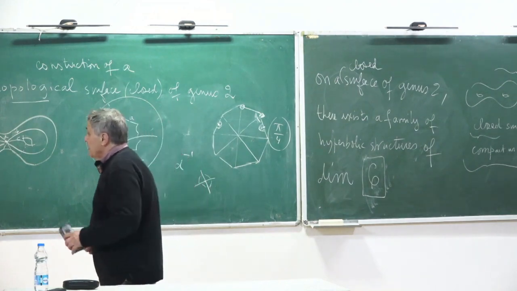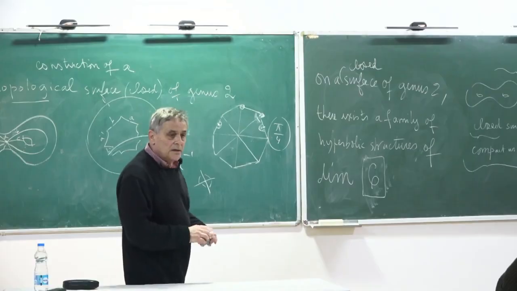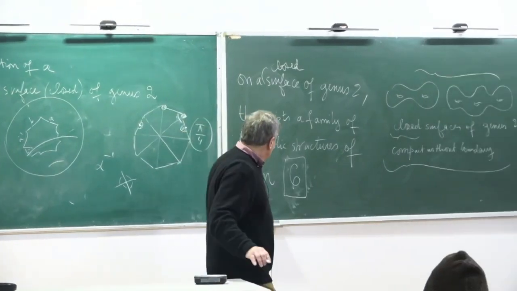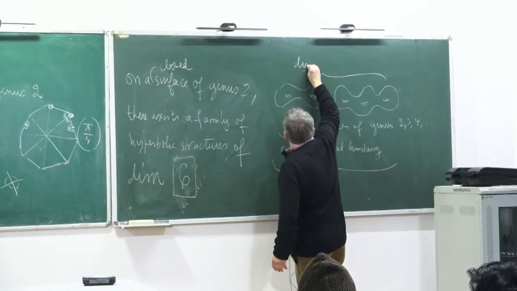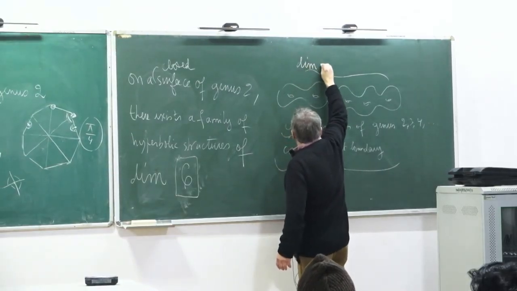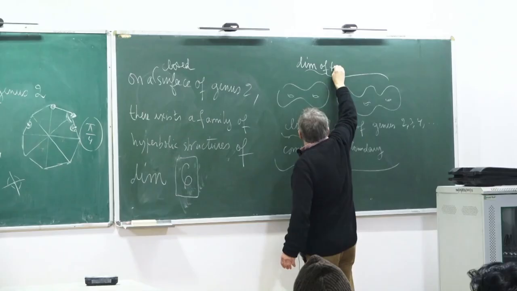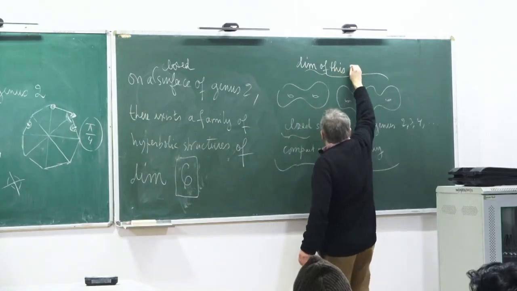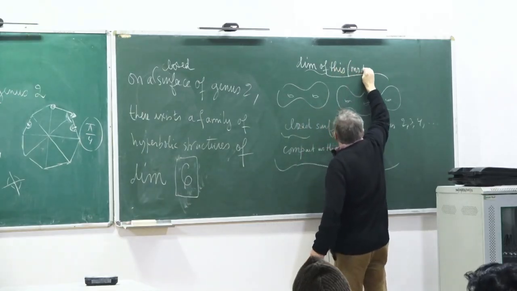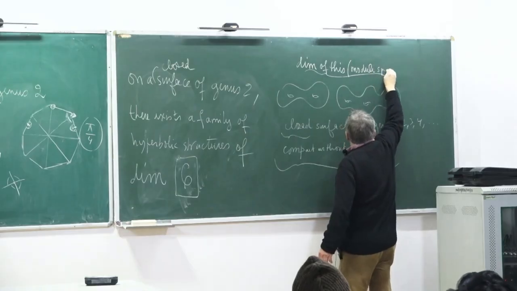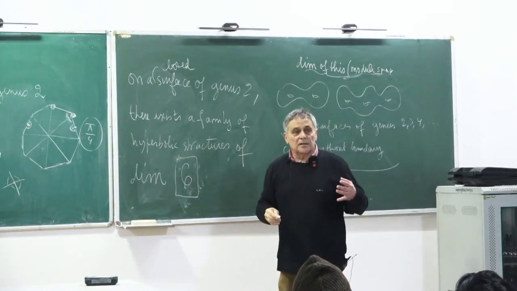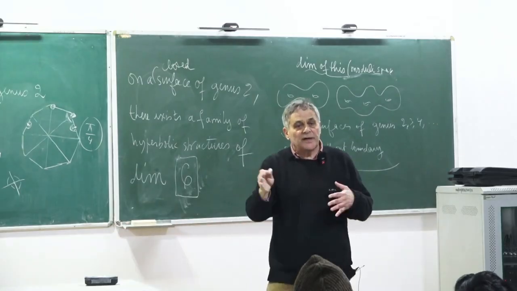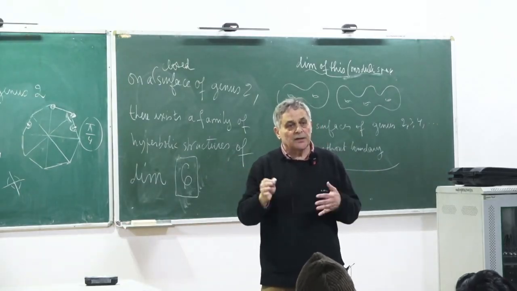Can you repeat that statement again? Why is it 6? Because of the general formula for the dimension of this moduli space. Moduli comes from a Latin word which means you modulate, you vary. You make it smaller or bigger, you vary.